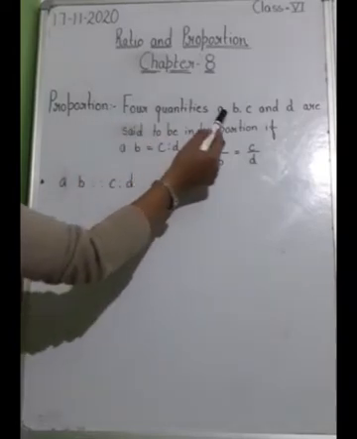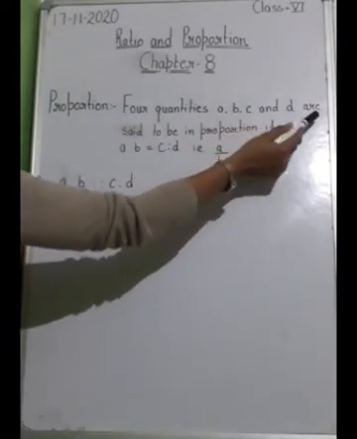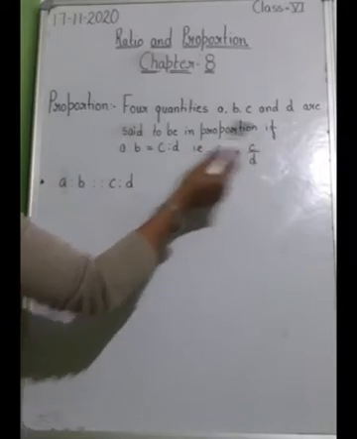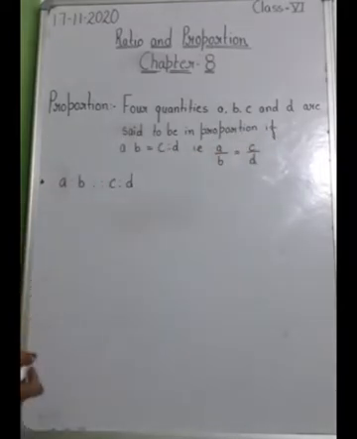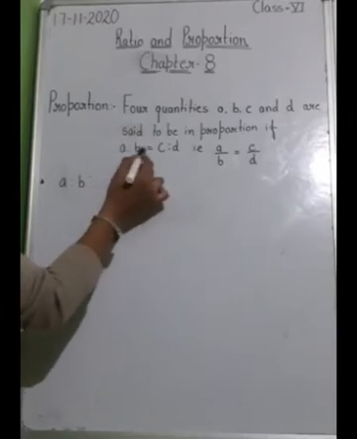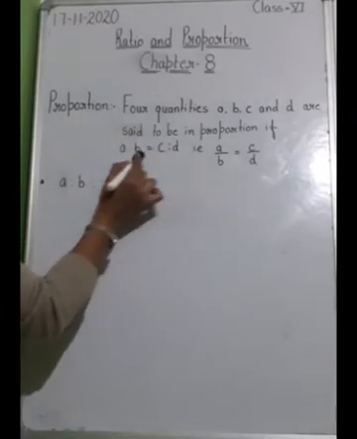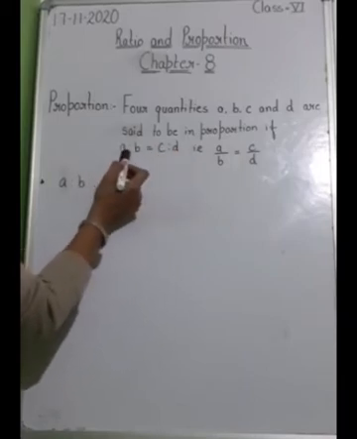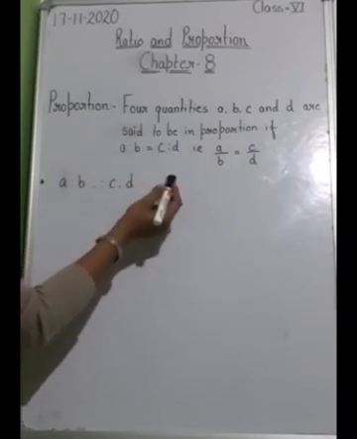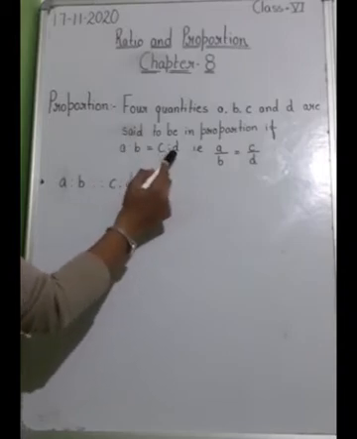Four quantities A, B, C and D are said to be in proportion if A ratio B is equal to C ratio D. Okay, so if A ratio B is equal to C ratio D, then these four quantities A, B, C and D, where A, B, C and D are your variables, are said to be in proportion.